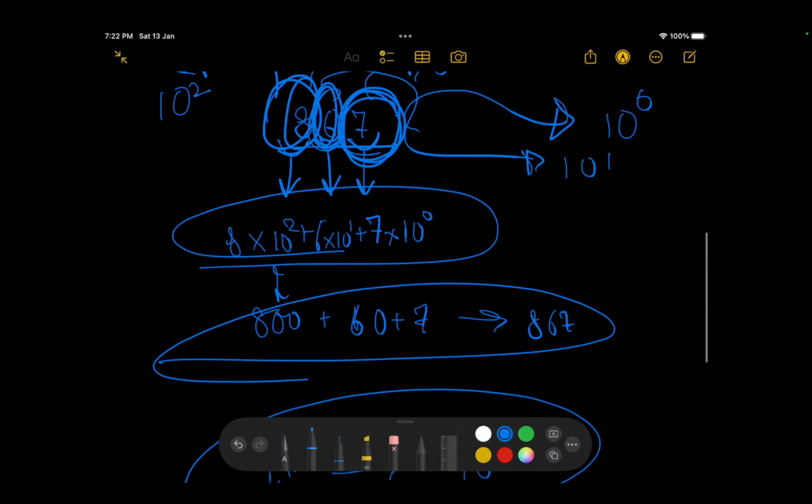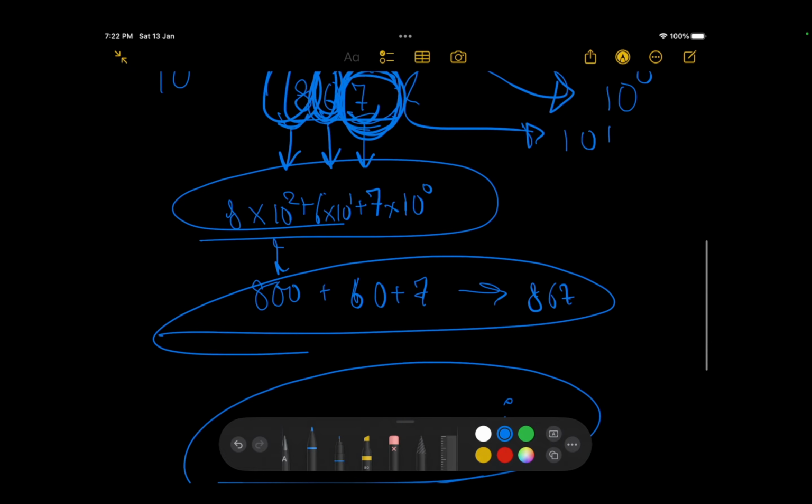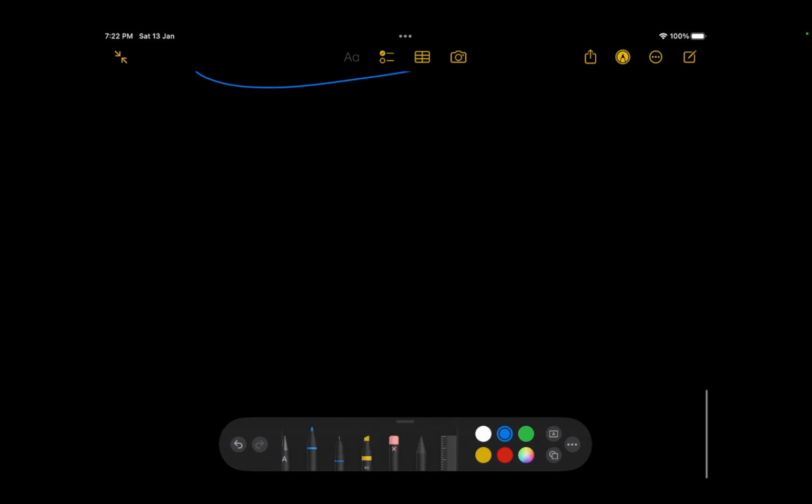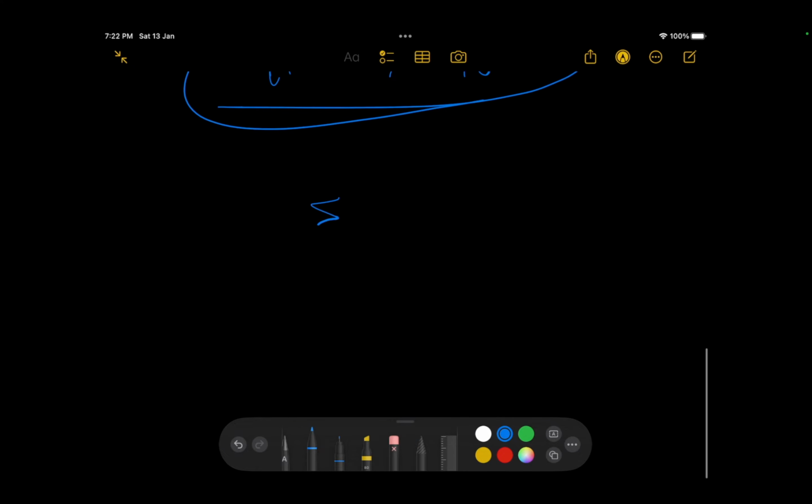And let's call 7, 6, 8 as coefficients. So we can generalize this by saying that it's a summation, like we are adding all the values. So it's the summation of 10 to power i into b of i, where b of i is the digit present at the ith location.